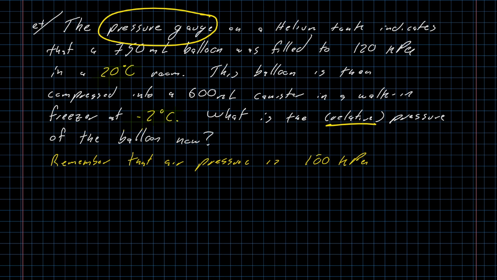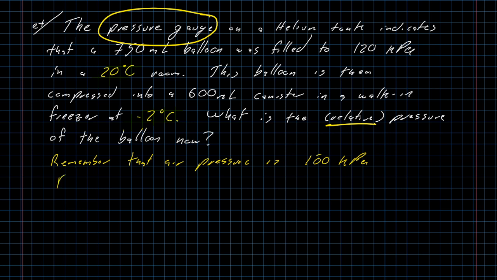Air pressure at sea level, air pressure at elevation are different. Air pressure on a hot day and air pressure on a cold day are different, right? The atmosphere is changing. We have weather, and that comes into play in the air pressure. But we're not going to worry about any of that. We're just going to deal with this in general terms like this.